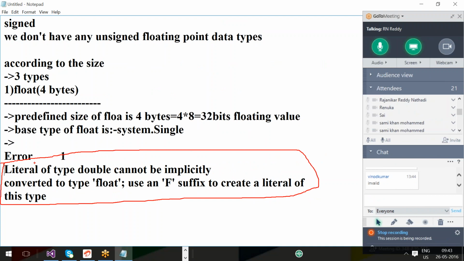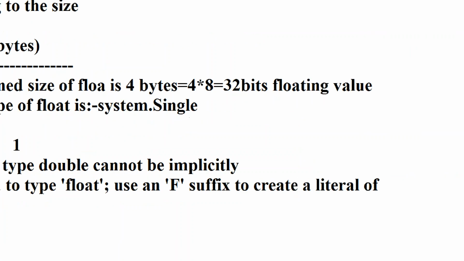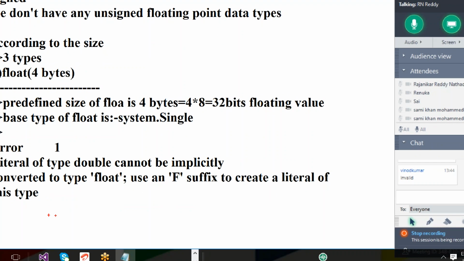All of you guys, you read the error message yourself 3 times, which I circled with red marker. Have you gone through it? Come on, Renuka, tell me what is the error message? Read it once.